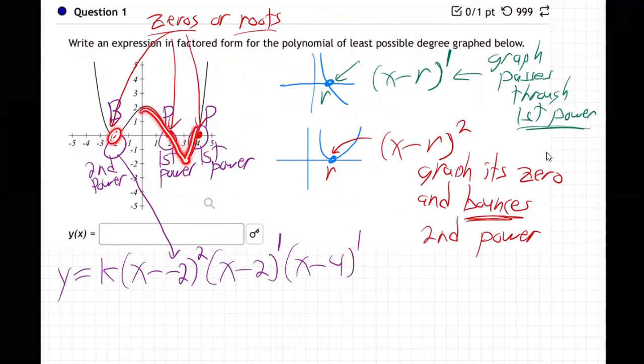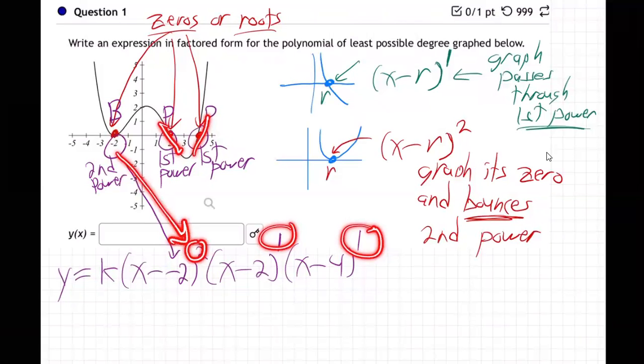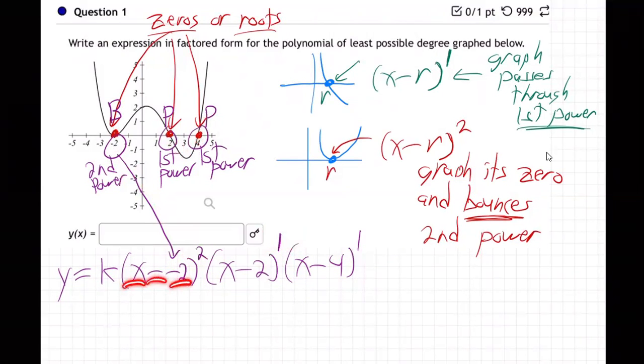Wherever it bounces off the graph, like bouncing something off a trampoline or skipping a stone off the water, when it bounces, it's second power. When it passes through, those guys are first power. The bounce one is second power. And it's always x minus the root. And so what ends up happening then?